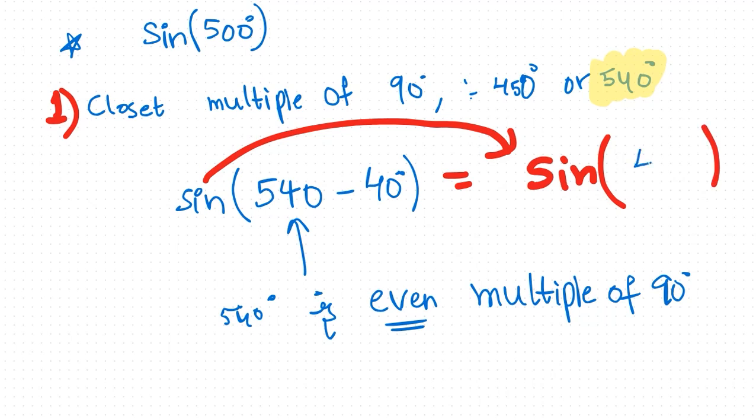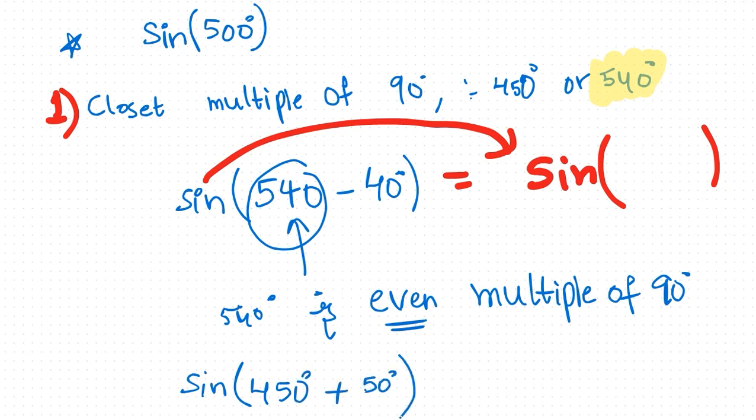So sine of 40. If it were odd, let's say 450, we can write 450 plus 50 degrees. So sine flips to cos, and it would be cosine of 50.